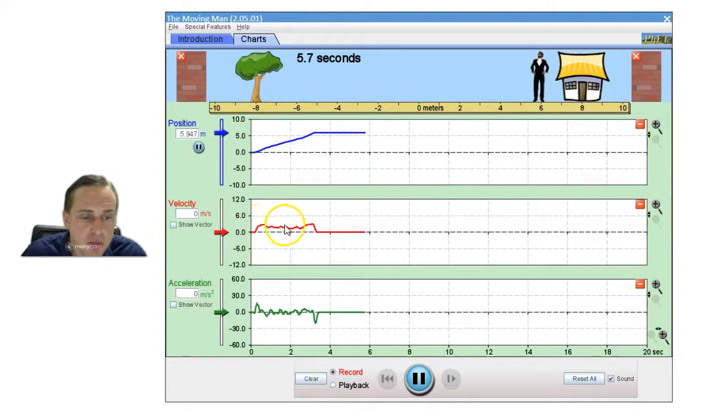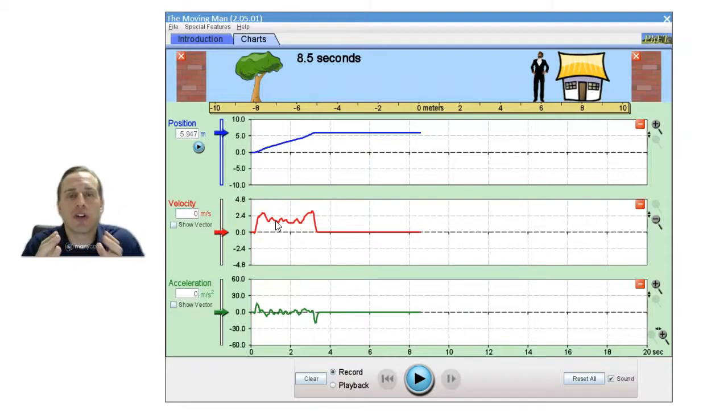Here, the velocity was roughly constant. What do I mean by roughly constant? Well, I can zoom in, okay, and you'll see that it's roughly constant. It's very difficult to get a perfectly constant velocity with time. Even if you're driving your car, hopefully you know it's very difficult to maintain an exactly constant velocity.